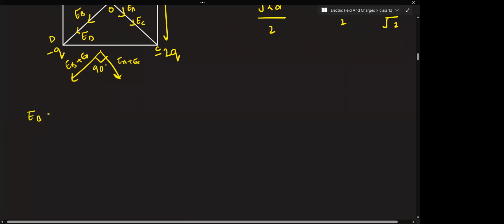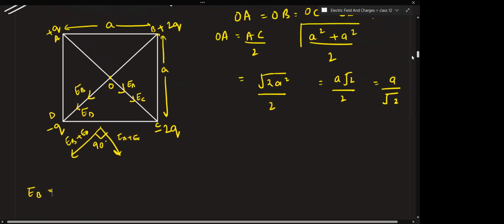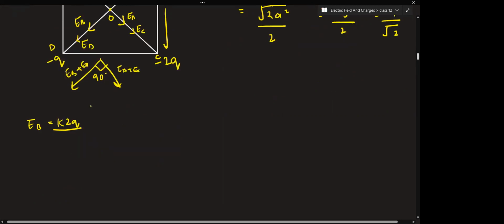EB. So EB is what? B is plus 2q, no? So this becomes K 2q divided by A square, where the distance of separation is A by root 2. So now you have to square this, A by root 2 whole square. This is the magnitude of EB.